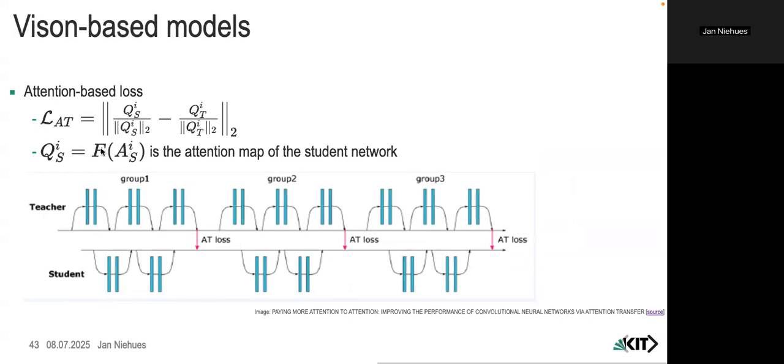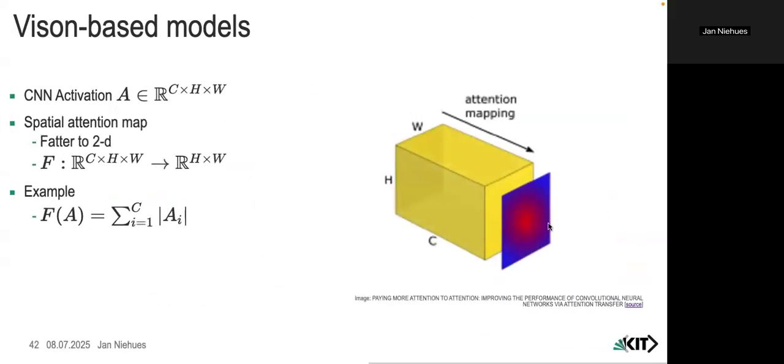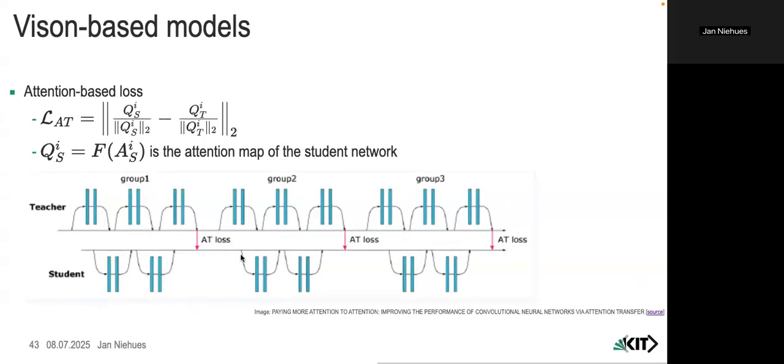These attention maps are these matrices. You take the difference at each position, and the normalization makes it relative. So if 50% is on this pixel or 10% is on that pixel, then it should also be 10% on that pixel of the other network. Assuming that at this position, this position, and this position, the network should focus on the same part of the image. Again, the motivation is that if this is a dog, it should focus on the dog and not on the grass around it.